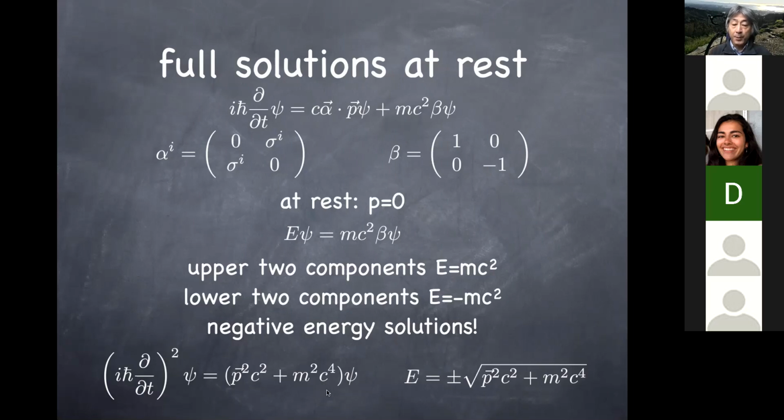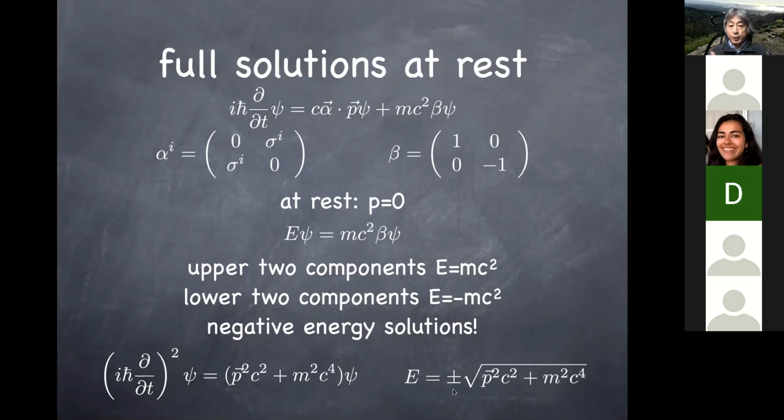That's a requirement Dirac made to come up with this equation after all. And when the requirement is energy squared equals p squared c squared plus m squared c to the fourth, then of course, when you take the square root of both sides, you find both signs as a solution for the energy. So ultimately, this is the origin of negative energy solutions.